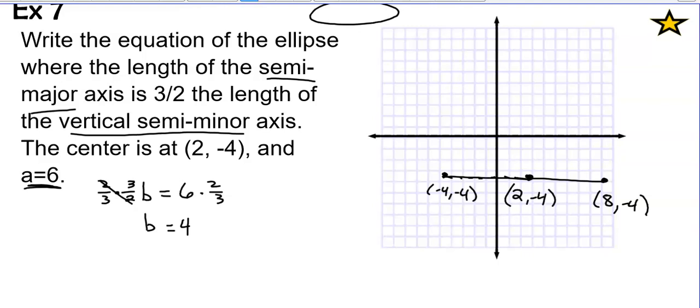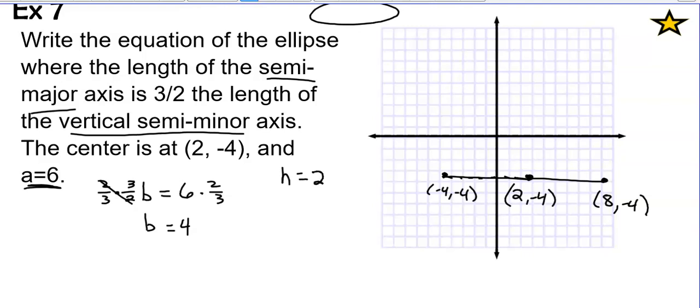So b is going to be 4. It always takes a little bit to picture in your head what that's saying. But if you think about it, your b needs to be multiplied by something bigger in order for it to end up being that bigger number. So b is 4.